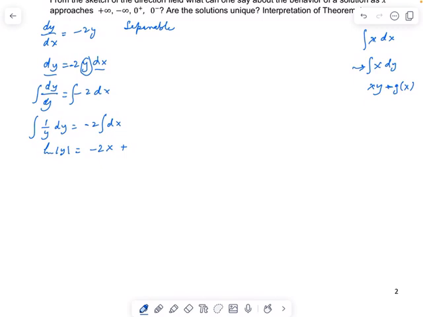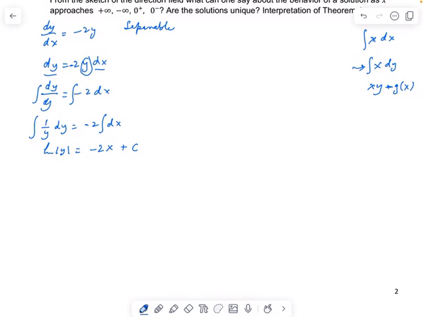Because we don't know whether the constant term, which is constant with respect to y, could have an x in it. But here, because we are integrating both quantities, the y and the x, we will just get a simple number as a constant of integration. So we can just put a c here.